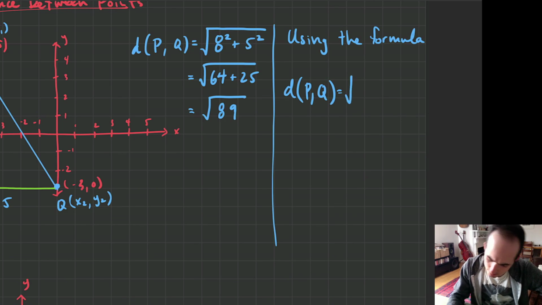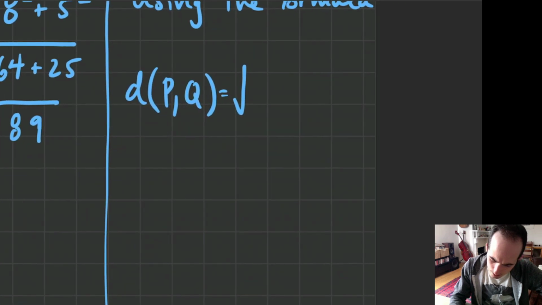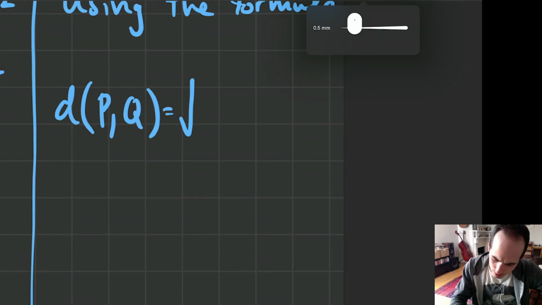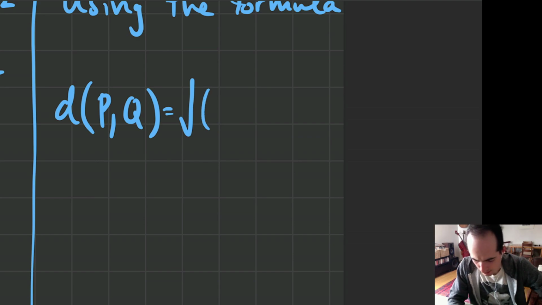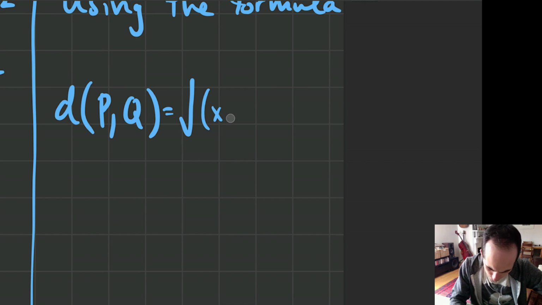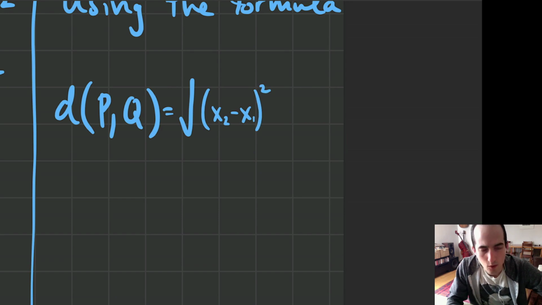This is kind of silly to try to squeeze in here, but I'll try my best. So the distance between P and Q is, well, I take the difference of the x's, so usually when we talk about differences, we'll do x2 minus x1, although it really doesn't matter because we're going to square it, so it doesn't matter which one comes first and which one comes second.